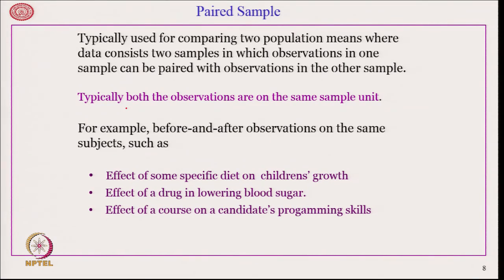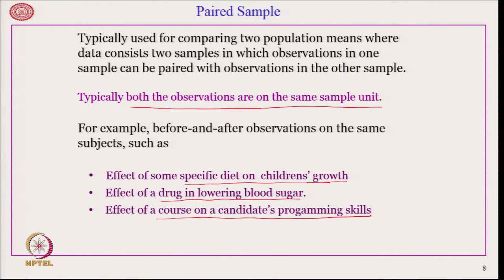Typically, both the observations are on the same sample unit. For example, before and after observations on the same subjects, such as the effect of some specific diet on children's growth, or the effect of a drug in lowering blood sugar, or the effect of a course on a candidate's programming skills.